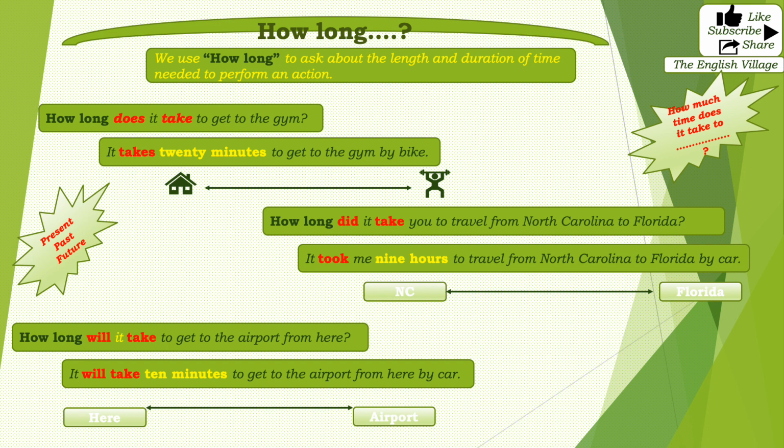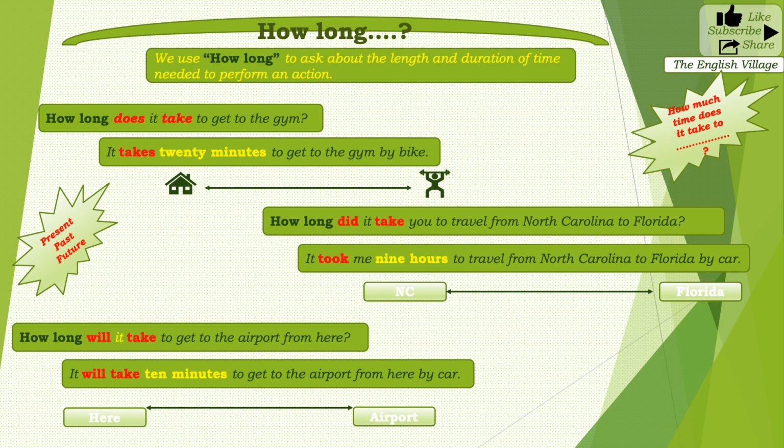So the answer is, it will take 10 minutes to get to the airport from here by car. So 10 minutes is telling us the duration of the time that it will take between these 2 points. This example is showing us the future tense.